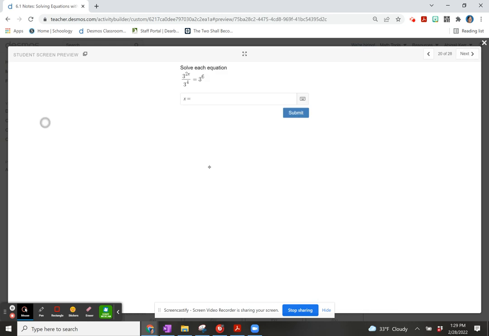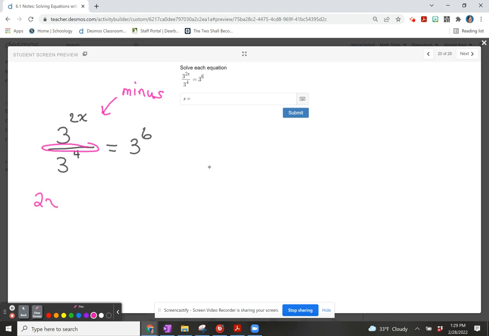So for here, we have 3 raised to the 2x over 3 raised to the 4 equals 3 to the 6. Okay, remember, we are dividing, so that means we have to subtract.